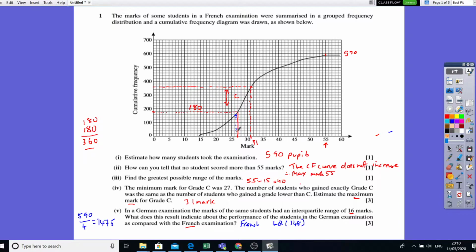So we're looking at about 26, 27, round about those marks. So let's say it's a bit more than 26. So let's just say 26 marks is okay. So 26 marks there for the lower quartile.